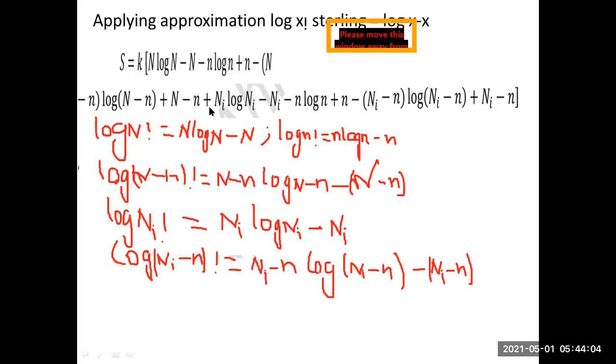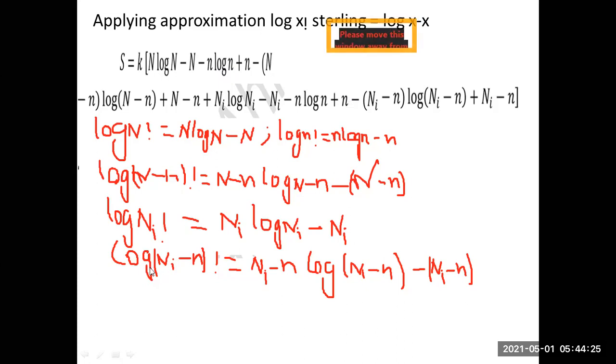In the same case, there was a plus here. So here as it is plus log n suffix I factorial, we have just written n suffix I log n suffix I minus n suffix I, right? So minus of log n factorial, again the same. So minus n log n plus n.